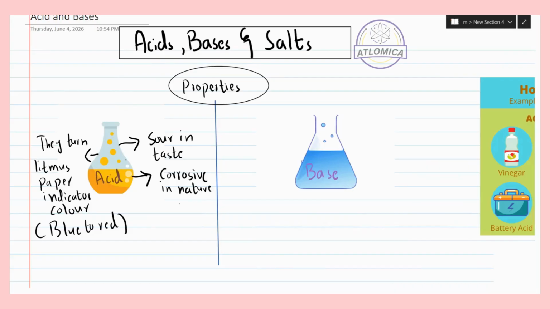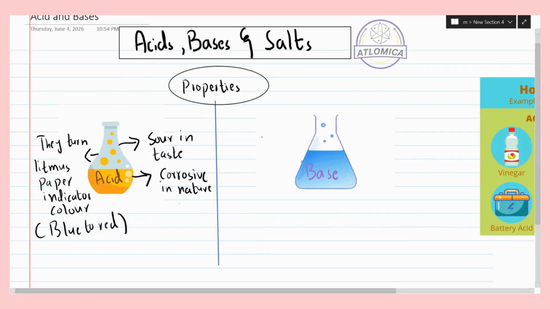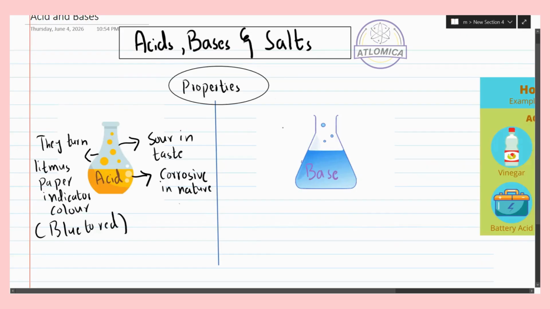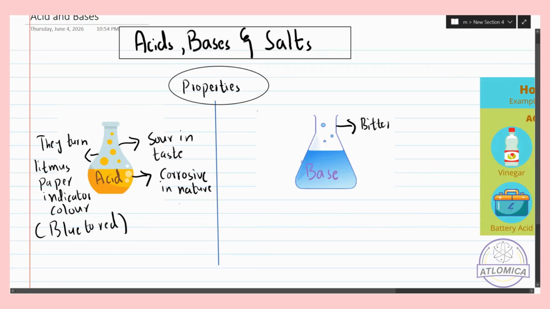Now let's jump towards the bases and compare the properties of the base with an acid. If we compare the base, we can see that bases are bitter in taste. Secondly, they're also corrosive in nature.